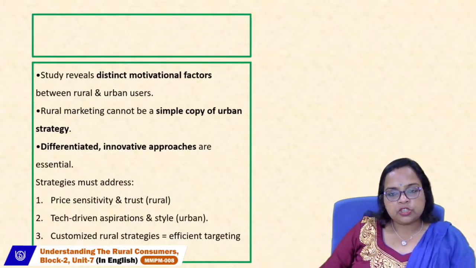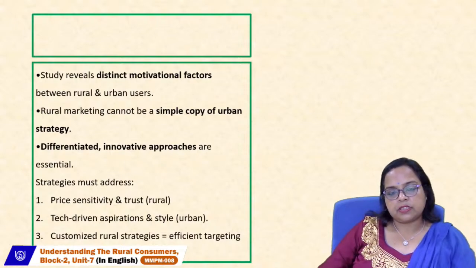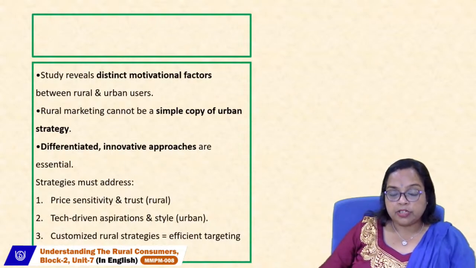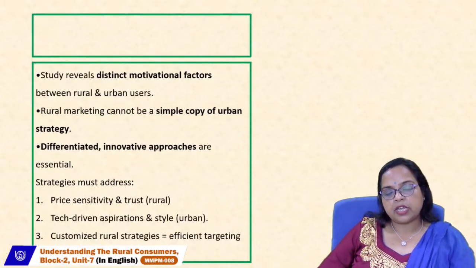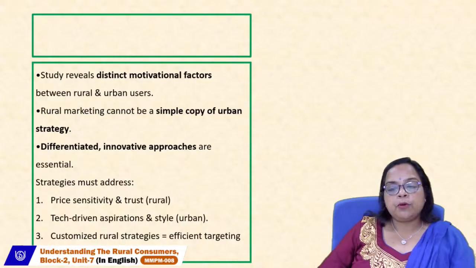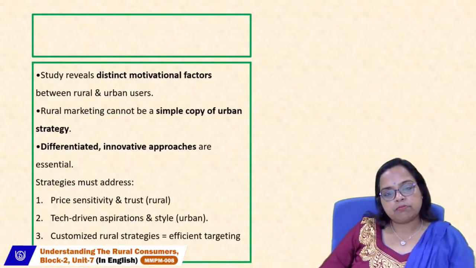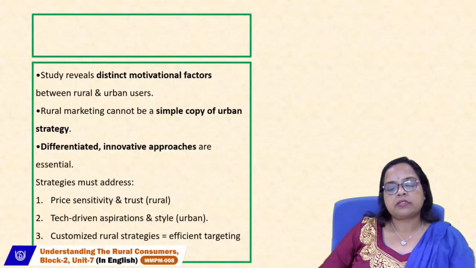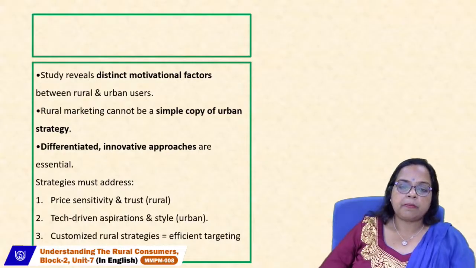Out of all the units that we have discussed, the three units before, and this fourth unit where we are doing a case study analysis, you should be clear about that. Rural marketing cannot be a simple copy of urban marketing strategy, because urban people are different in their buying behavior, and rural people are different in their buying behavior.